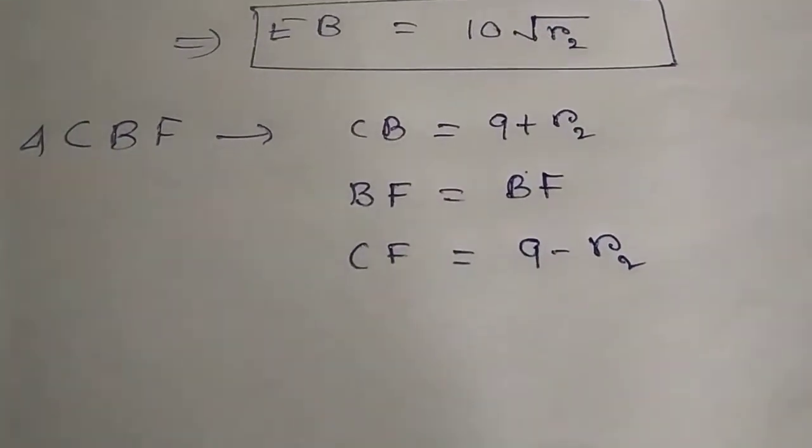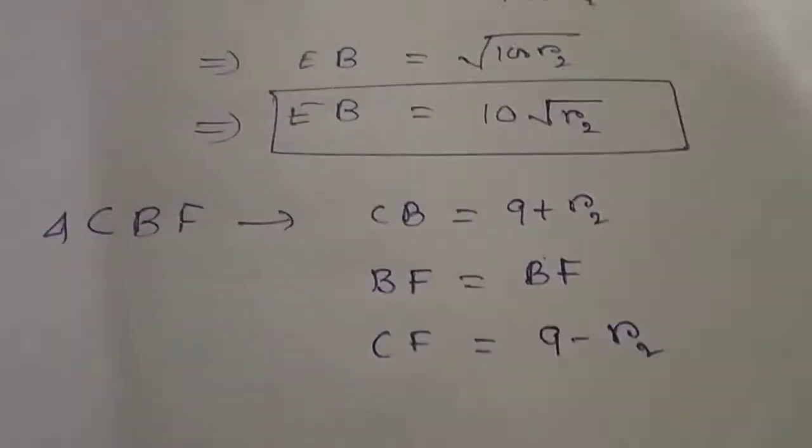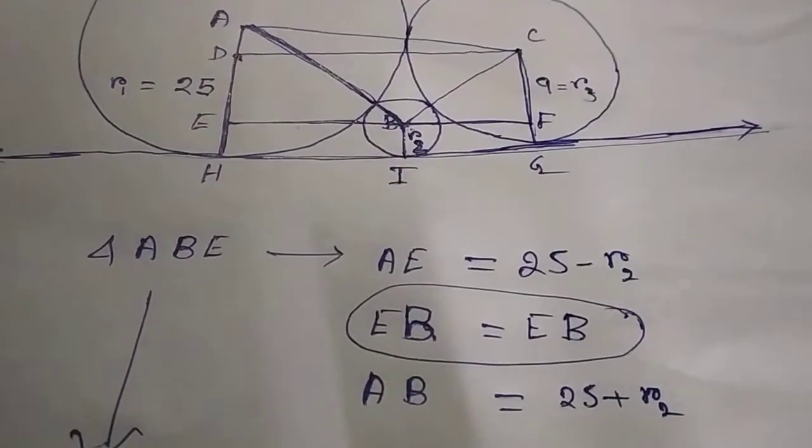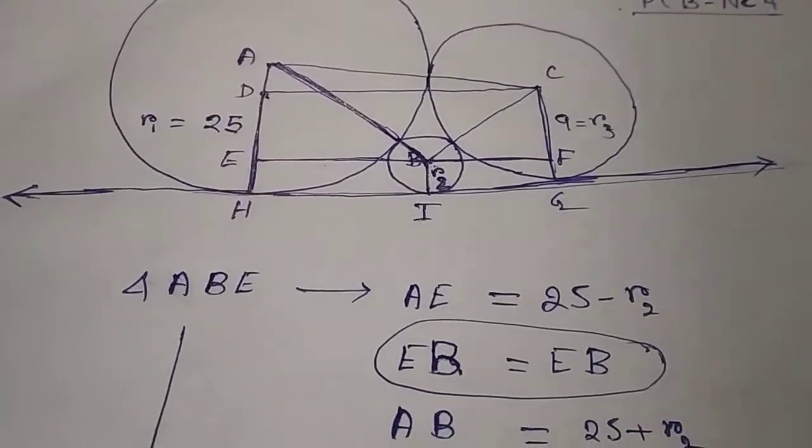I think it's clear now. So we can use the Pythagoras theorem here also. So we get BF from here.